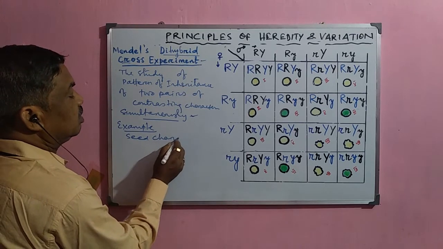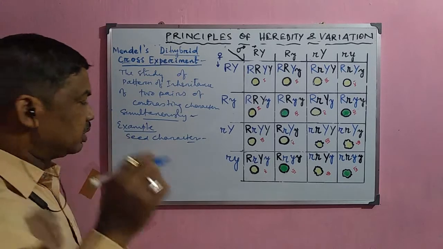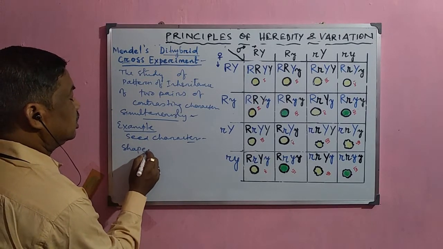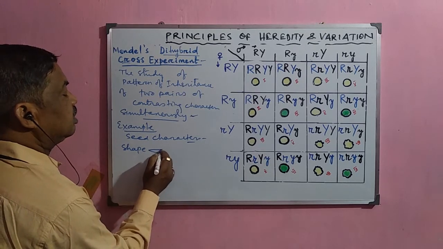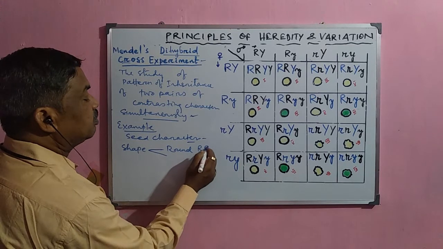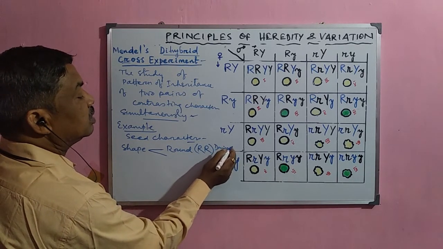The characters of the seed are important characters for the pea plant. Now, the shape of the seed. Some seeds are normally round in shape, and he took the genotype capital R, which is the dominant one.